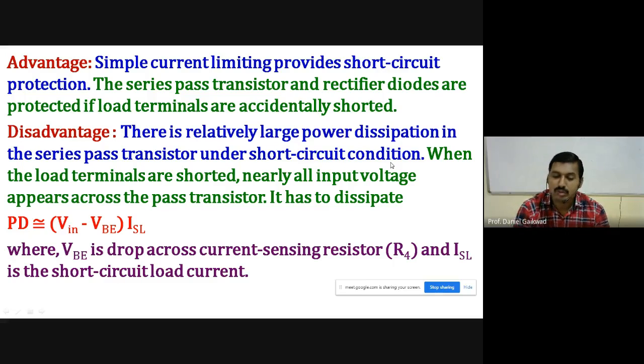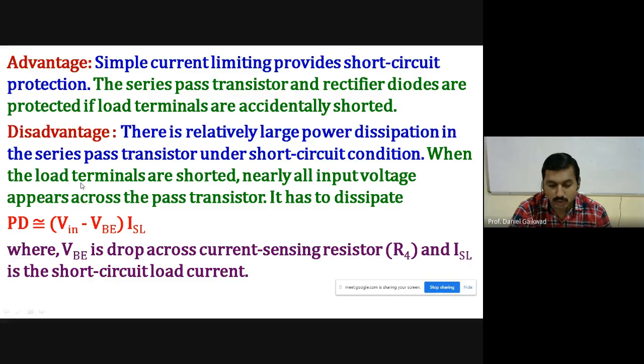So when we short the supply, then the maximum potential appears across the series pass transistor, and because the potential across it is large, it has to dissipate maximum power, and heating will be produced in that particular transistor, and that may damage the transistor.